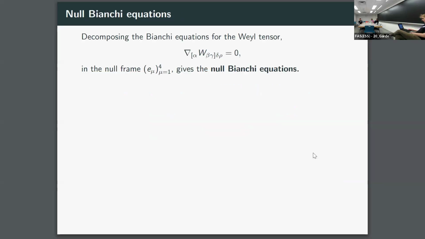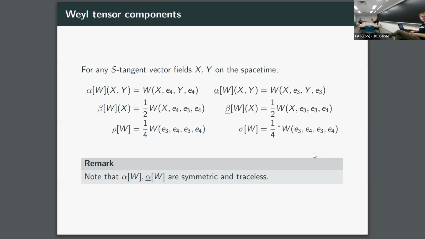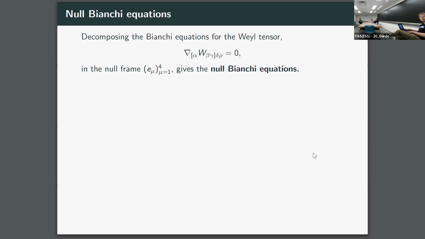Okay, so we have decomposed the Weyl tensor, and I have already written the Bianchi equations for the Weyl tensor there. So now we want to see what the Bianchi equations imply for these null components that I've just written out here. And before I list them, just as further motivation, why am I doing this?